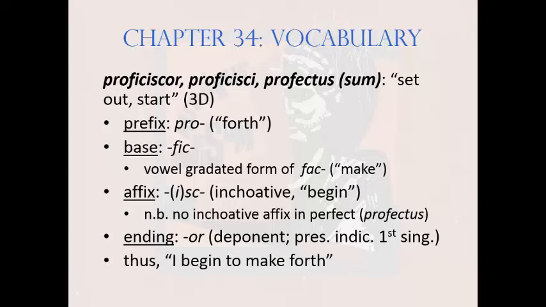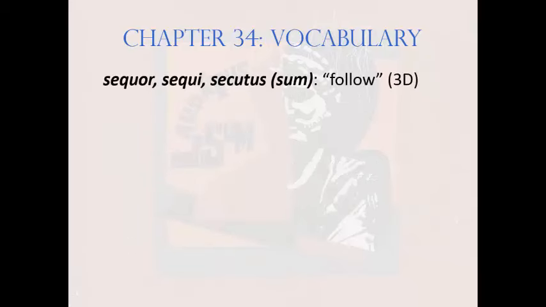Thus, proficiscor means, going backwards, I begin to make forth, which is one way to say, I set out, or start. Following that is the Latin word for follow, sequor, sequi, secutus sum, yet another third conjugation deponent, and a very common and widely used word.